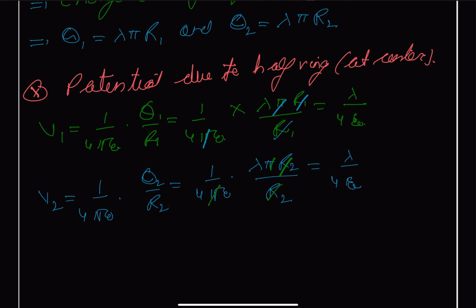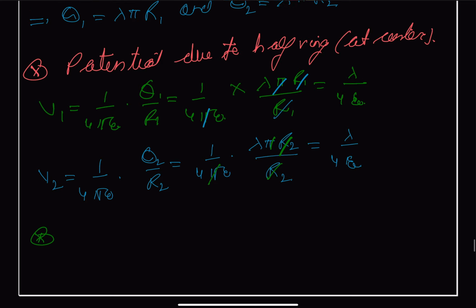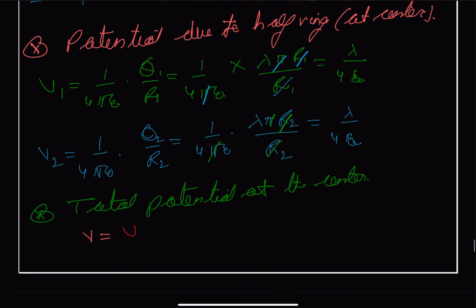So the total potential at the center, let us call this V, will be the algebraic sum of V1 plus V2, giving us lambda upon 4 epsilon naught plus lambda upon 4 epsilon naught, which is equal to lambda upon 2 epsilon naught.